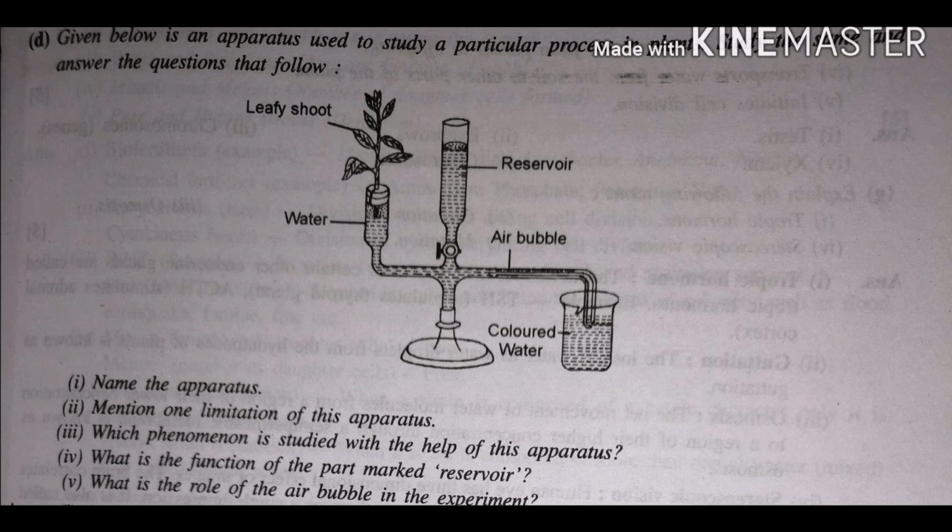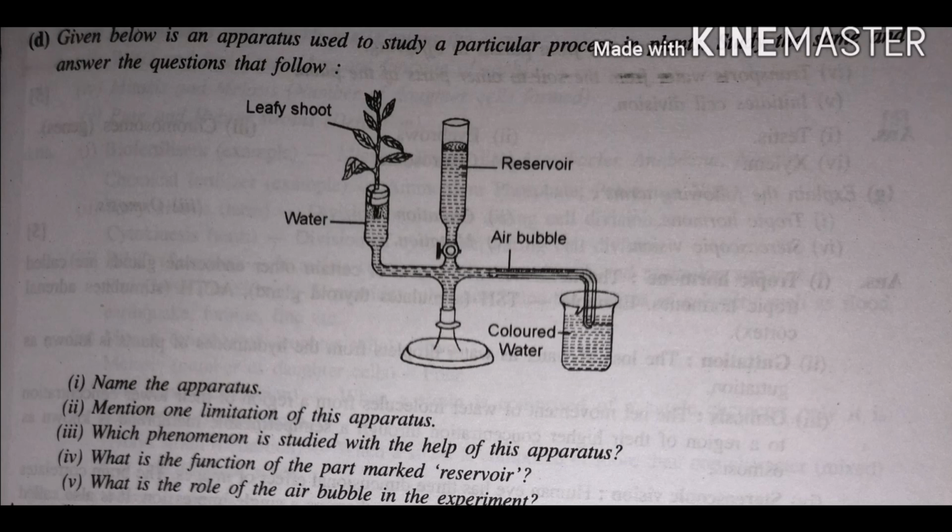The question number 2 is, mention 2 limitations of this apparatus. In my last video, I have already discussed the limitations. So, the answer will be, introducing the air bubble is not very easy. Number 2, the twig may not remain fully alive for a long time period. Question number 3 is, which phenomenon is studied with the help of this experiment?